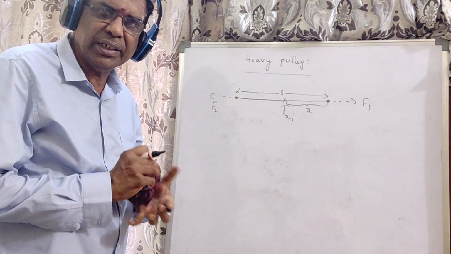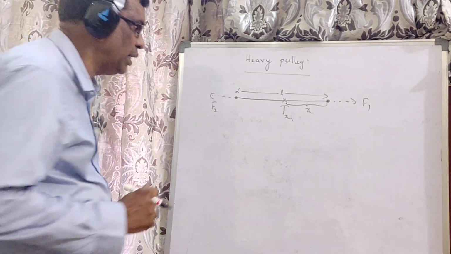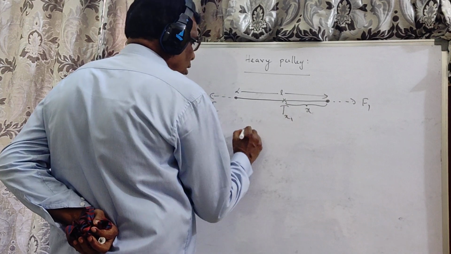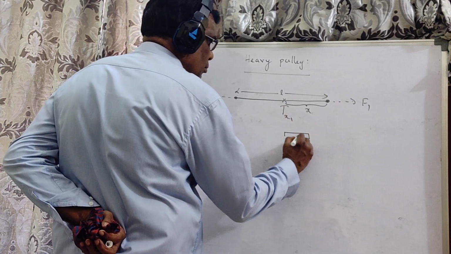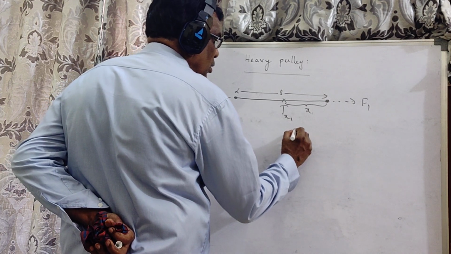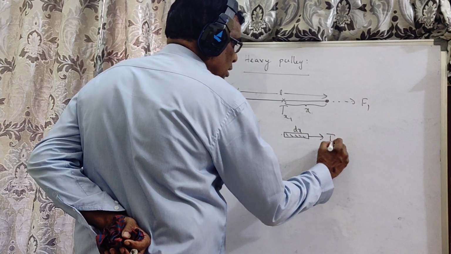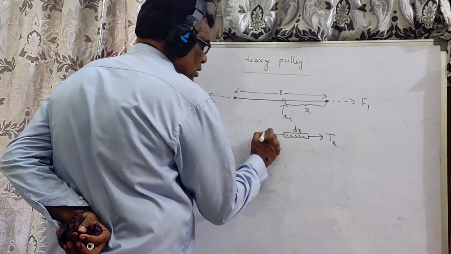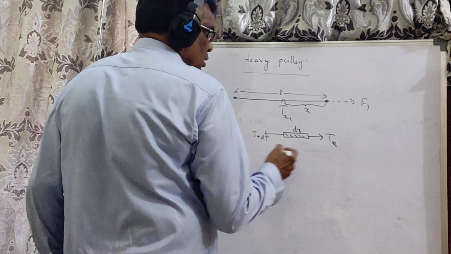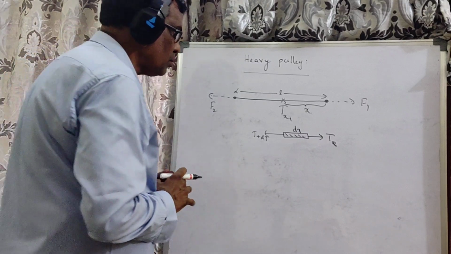First I'll do this with the integration approach. Okay? What I do here, consider a small elemental rope of thickness dx. Let this tension be T, and let this be T plus dT.